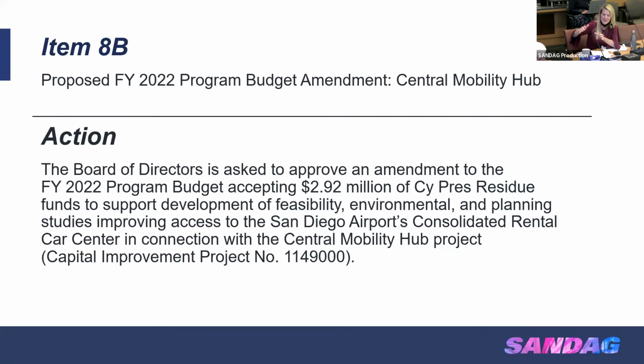So this is different. This is separate. That came out of a lawsuit with the Port of San Diego and the car rental facility on the airport. And these funds, the court ordered, could only be spent addressing transportation issues in and around the car rental facility and the Port of San Diego.